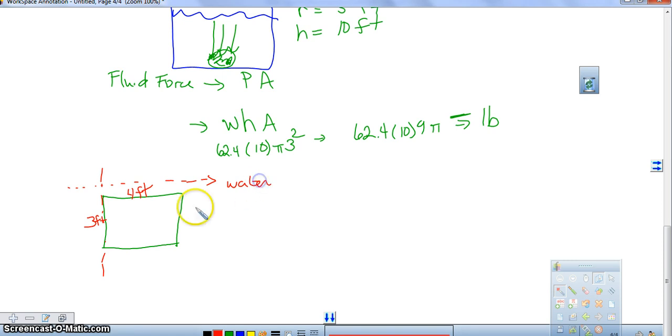So this problem becomes a little bit more difficult because as you move up on this plate, the pressure is different because the water is not all just 10 feet. H is changing depending on where you are in the plate. And so then we actually have to use calculus.